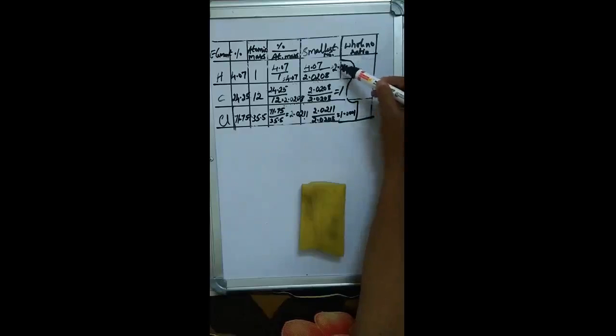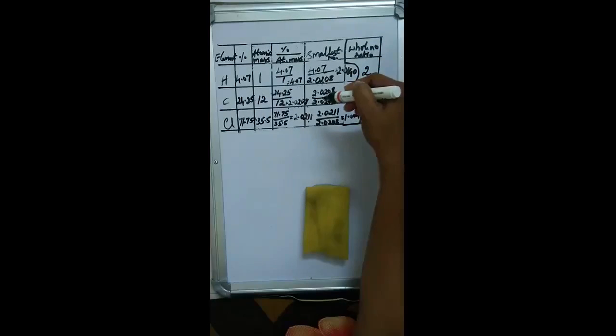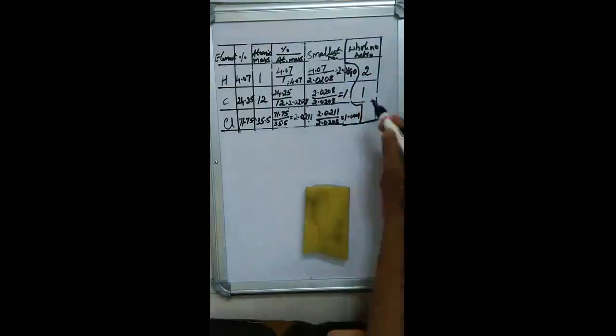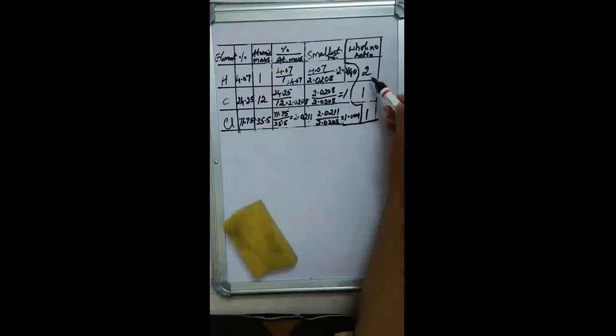So 2.0140, now 2.01 I can write as 2 itself. You can round off the figure. This anyway is a whole number, and this is also considered as 1. So the whole number ratio is 2, 1, 1.